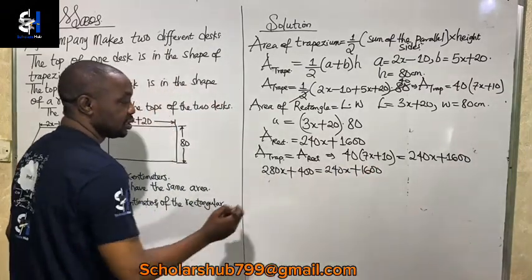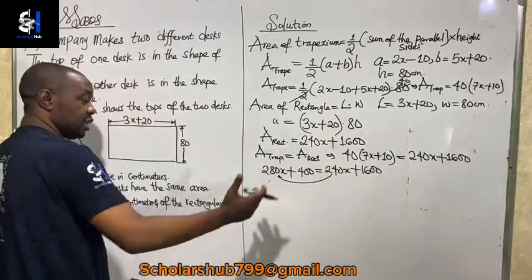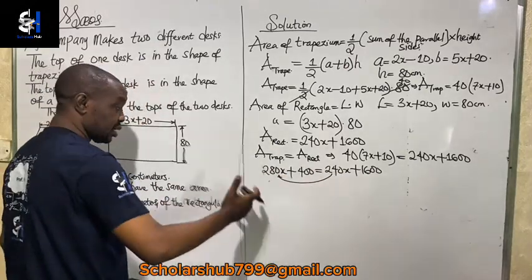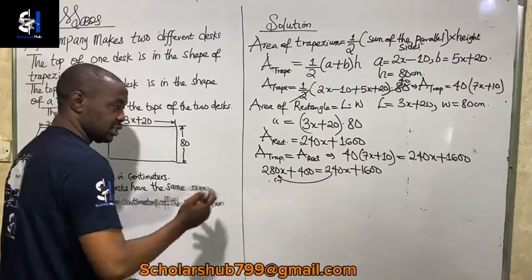So we can combine like terms. The 240x travels from the right-hand side to the left-hand side, so it turns to negative 240x.